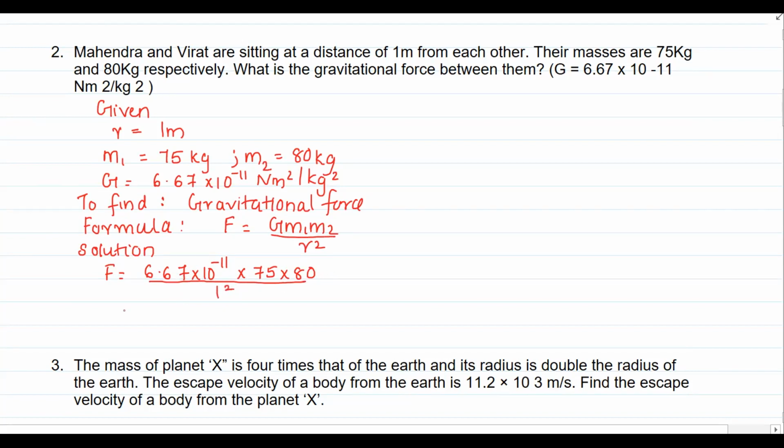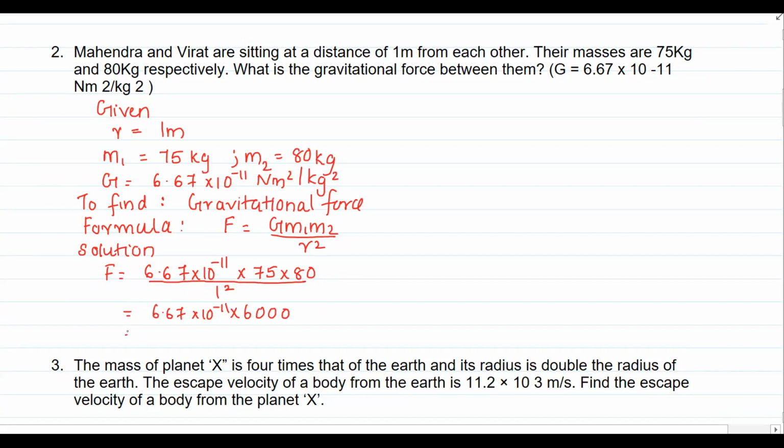So we will get F is equal to 75 into 80. 75 into 80 is 6,000. So 6.67 into 10 raised to minus 11 into 6,000 will come. 1 square is 1 only.